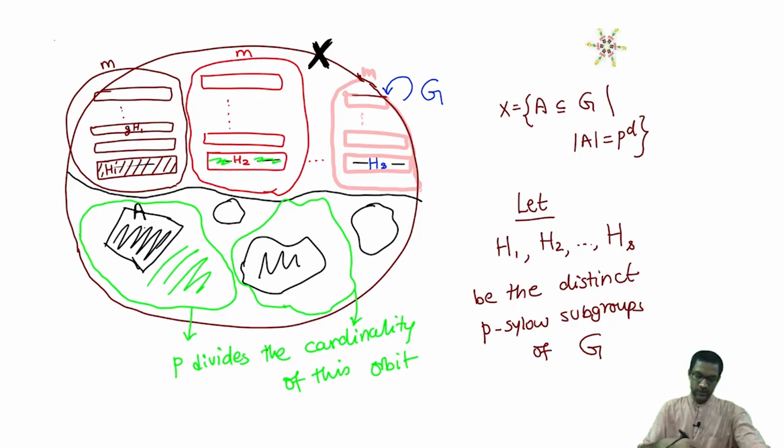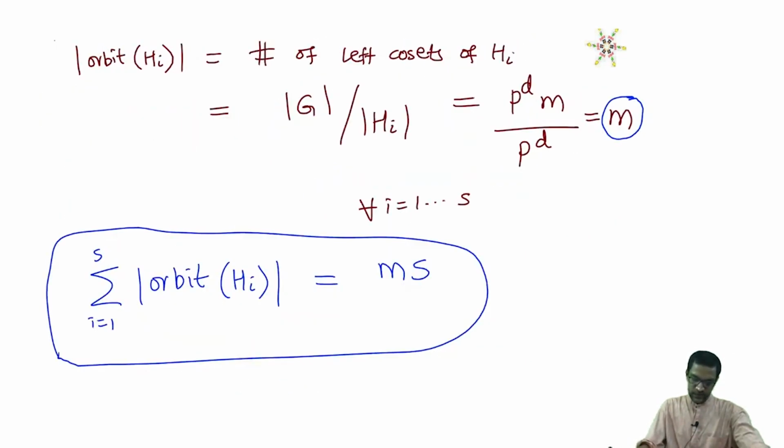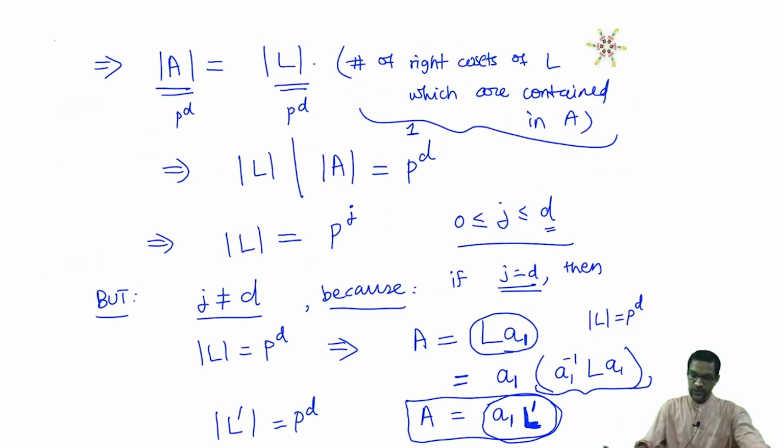So now let's look at this big subset X and ask how many elements are there in X. So there are these two types of elements. On the one side, we said that these nice orbits, they account for ms elements. So now let me compute the total size of X, which is these nice orbits and these not so nice orbits.